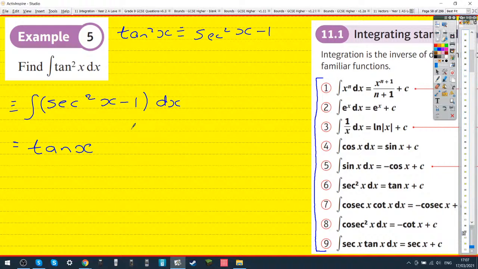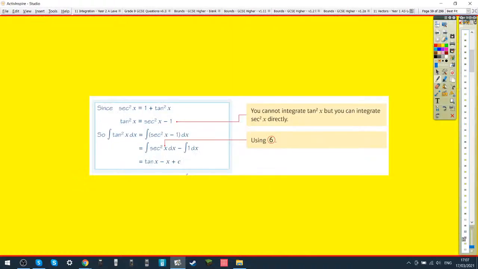So it gets cancelled out. That's derivative you're thinking of. So minus 1x. Yep. And we remember our plus c. Tan x minus x plus c.